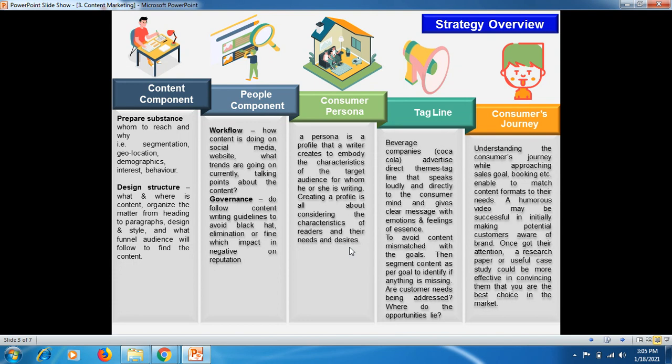Now the next component is consumer persona. Consumer persona is a profile that a writer creates to embody the characteristics of the target. Like I told you earlier, you are referring to a person, either your past customer, and their experiences in your story, and defining the content.